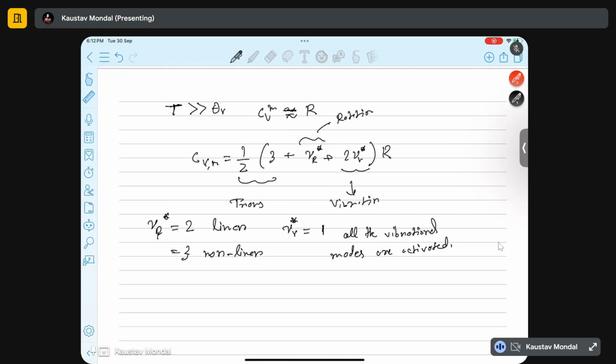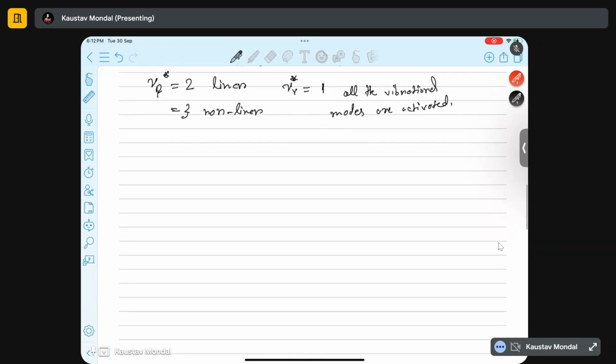Now we have discussed some problems regarding this. In those problems, a molecule is given at a specific temperature, and all its vibrational modes are mentioned. In these kinds of problems, for the translational partition function it's fixed: in the 3D case, it's 3 by 2 R, right?